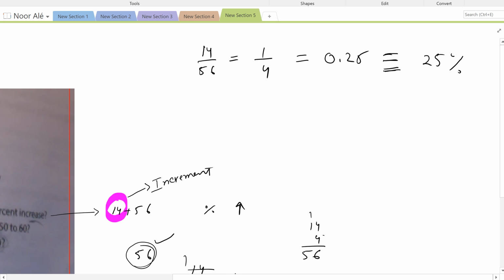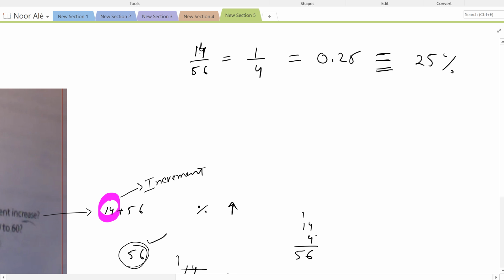Okay, so this is how you do percent increase. It is the increment over the original amount. The increment is going to go on the top. So you added 14 to 56. So 14 out of 56 is 1/4. So you boosted it by 1/4, and 1/4 is equal to 25%, right? You don't even have to write this step.